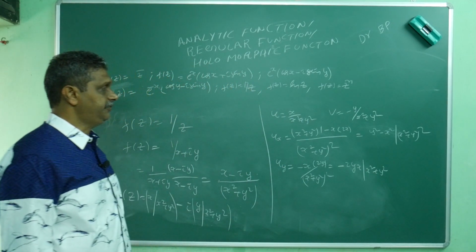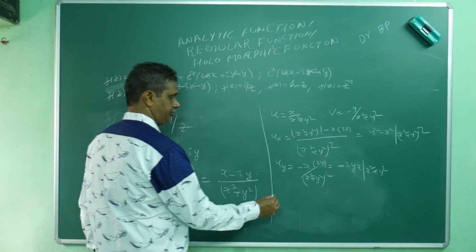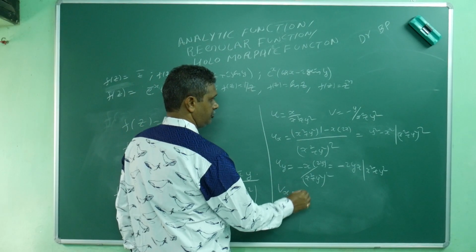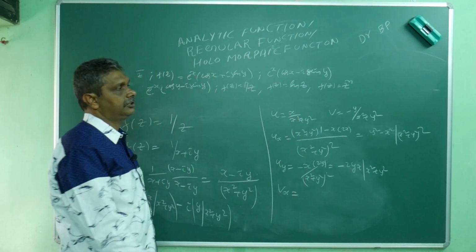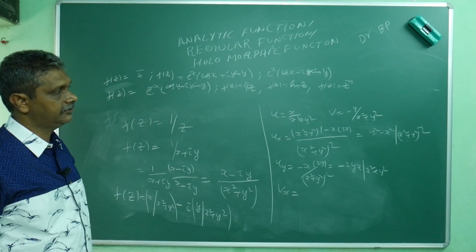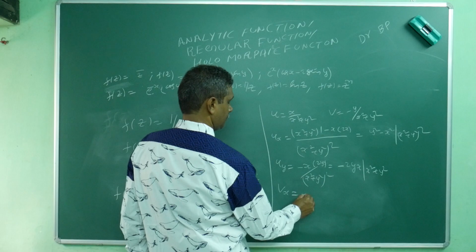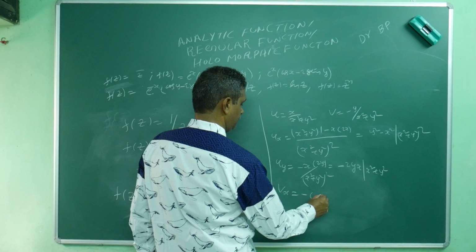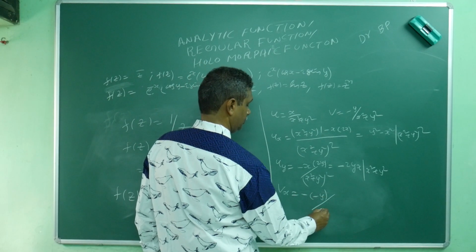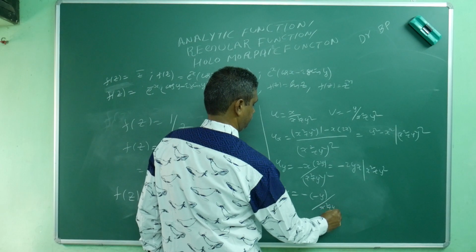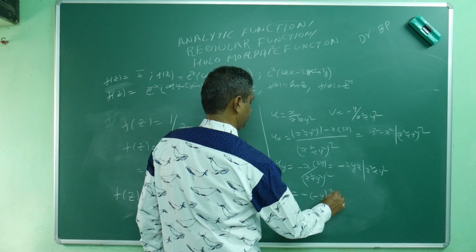Now come to vx. Vx, how will you write? Same story. There is no x in the numerator, so you can treat it as 1 by x square plus y square, which gives a minus. Minus is already there, so another minus you will get, by 2x.